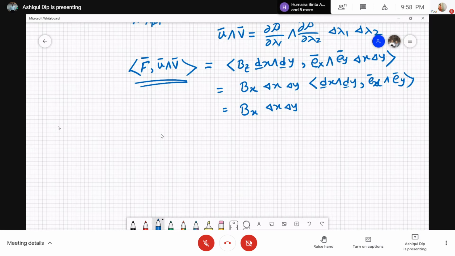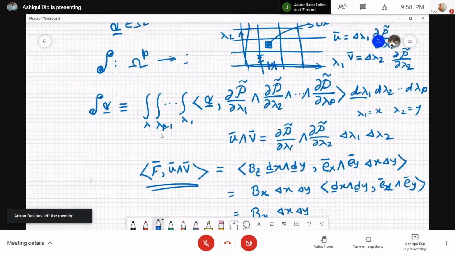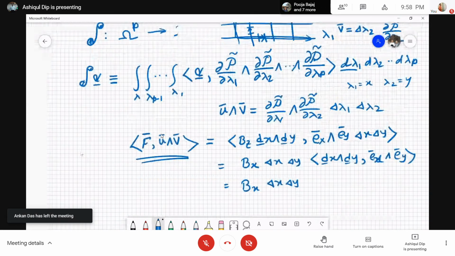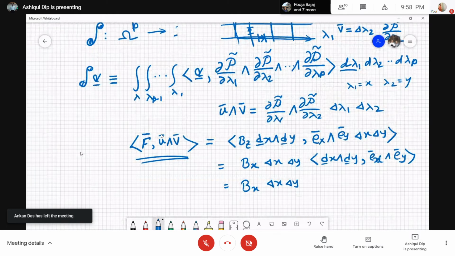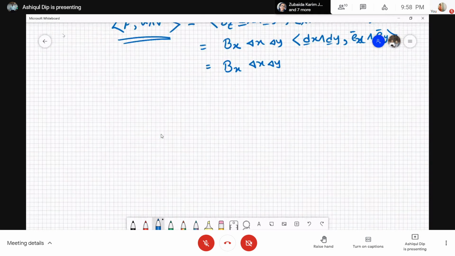Okay, I have the book. So the theorem I'm going to show is that when you change the coordinates for an integration, that basically gives you multiplication by the Jacobian. So the definition of integration of alpha is basically integration over this thing.